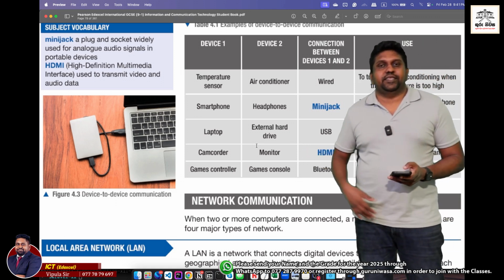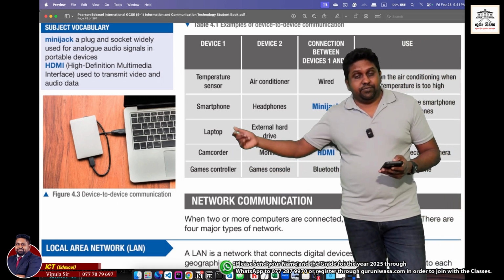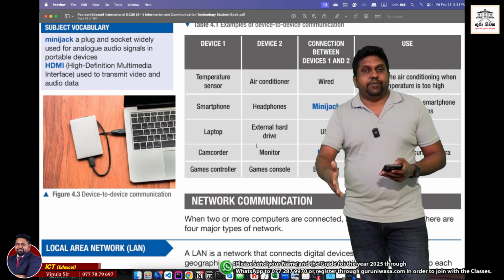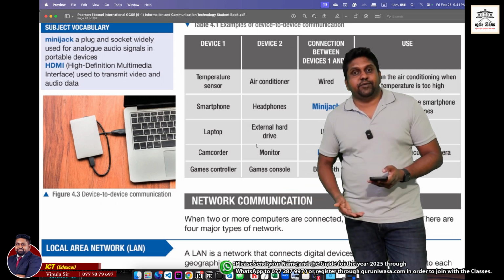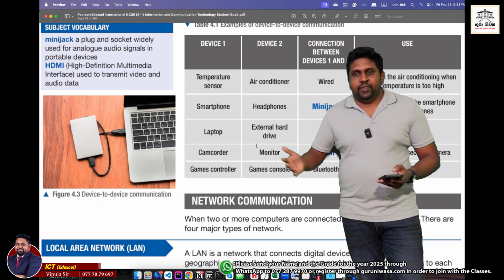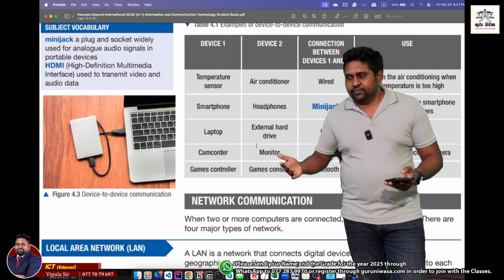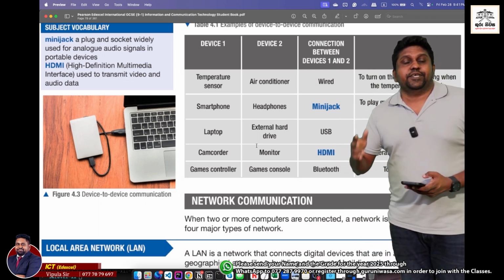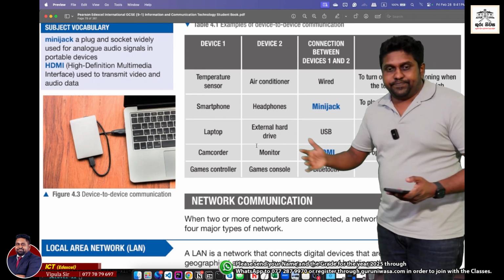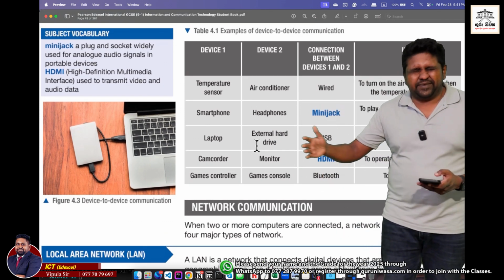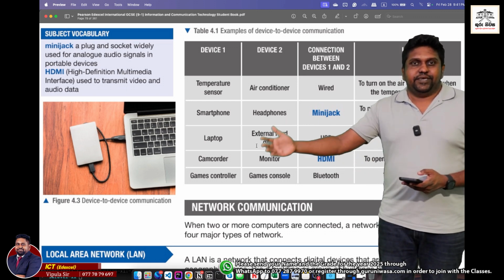You plug it into our TV, and if you plug the other end into your laptop, that is again device to device communication, where your devices will send and receive data, so that they can produce some sort of a result.